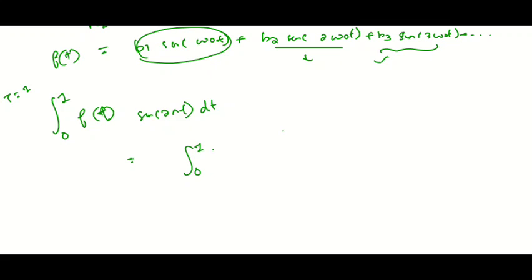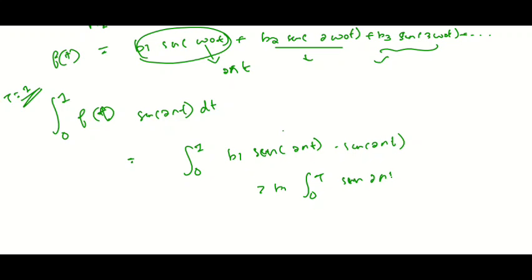So the integral from 0 to 1, instead of f of t, we are just going to write this b1 sin 2 pi t only, okay. Omega 0, instead of omega 0, it is 2 pi f. It is given that the time period is 1, so it will be 2 pi t only, okay. So b1 into sin 2 pi t into sin 2 pi t. We know that b1 is a constant, and the integral from 0 to T of sin 2 pi t into sin 2 pi t, we will get b1 T divided by 2, okay.